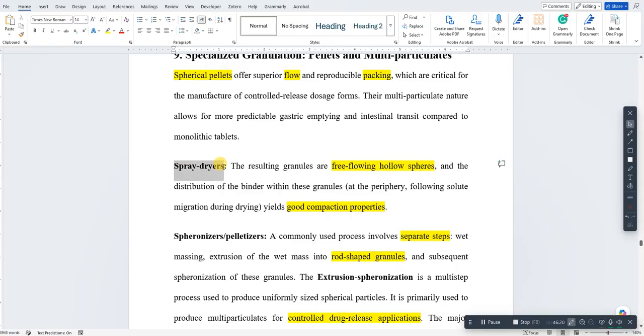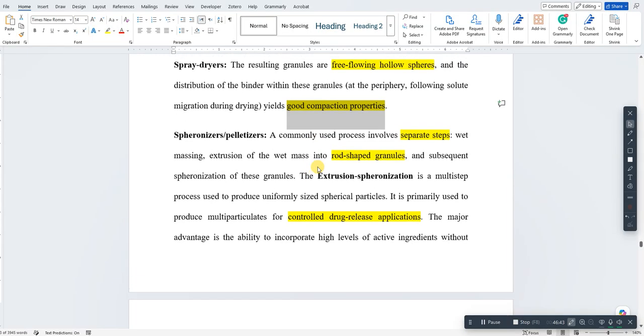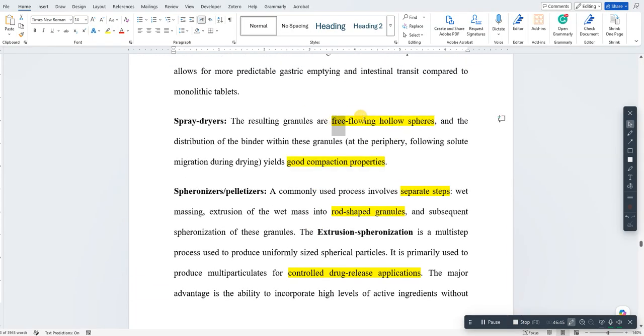The equipment that can produce such a thing is the spray dryer. If we want to make tablets, the spray dryer is able to produce granules with good compaction properties. The reason is the binder is surrounding the spheres or the granules. Usually these granules are hollow spheres.